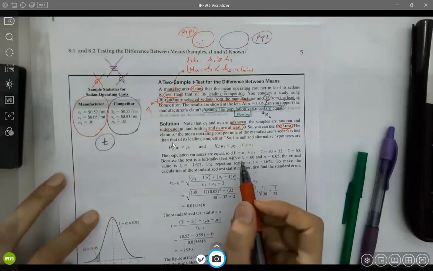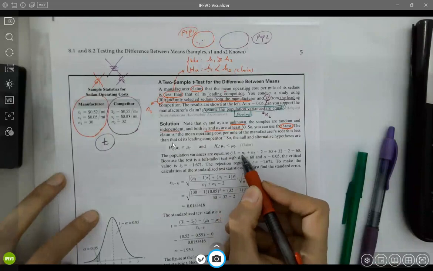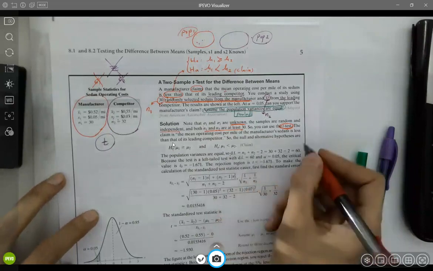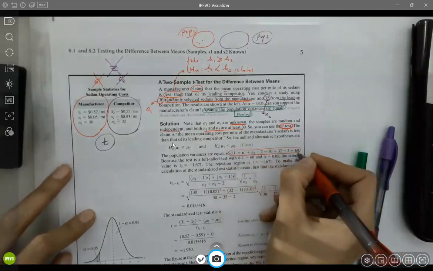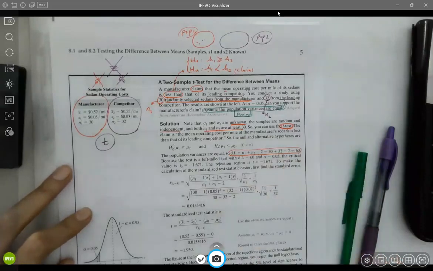So, degrees of freedom is N1 plus N2 minus 2, which is 60. That's how we find the degrees of freedom.